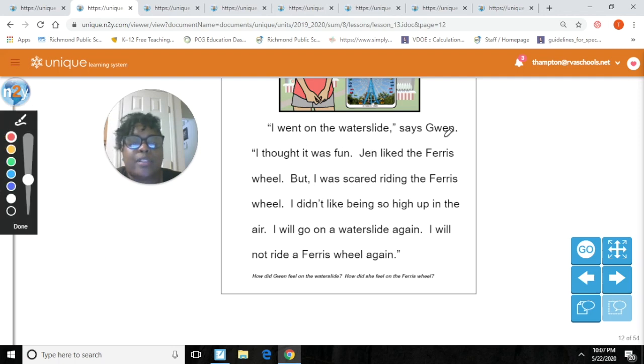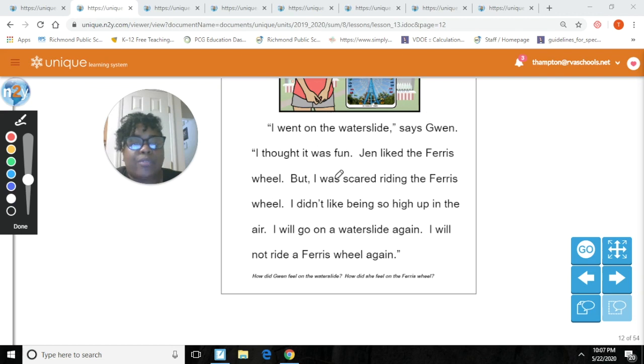Okay, so here's Gwen, and she says, I thought it was fun. So now, Gwen says she went on the water slide. So how does she feel about the water slide? She said, I thought it was fun. How does she feel about the Ferris wheel?